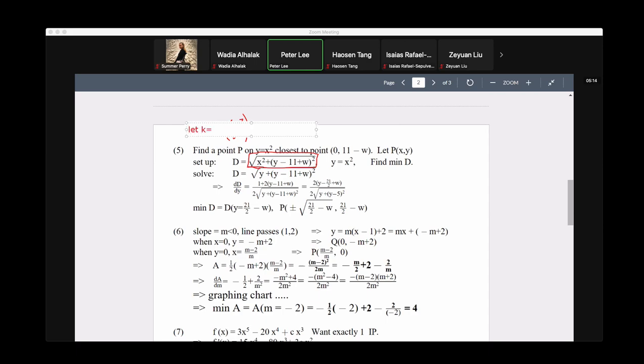K is equal to this, and then you could have said find min K. This is small k, big K. This is big K. And that's okay, because D is a constant quantity, so even if this is min K and you try to find min K, that's okay. Now, either way, let's do this.